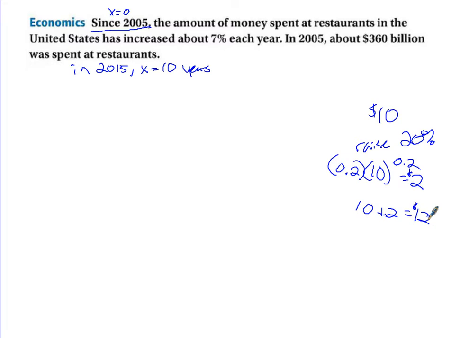So how did we do that? We had $10 an hour, which was 100% of what we're currently making. We have a raise of 20%. So we found out what that raise was, and then what did we do?